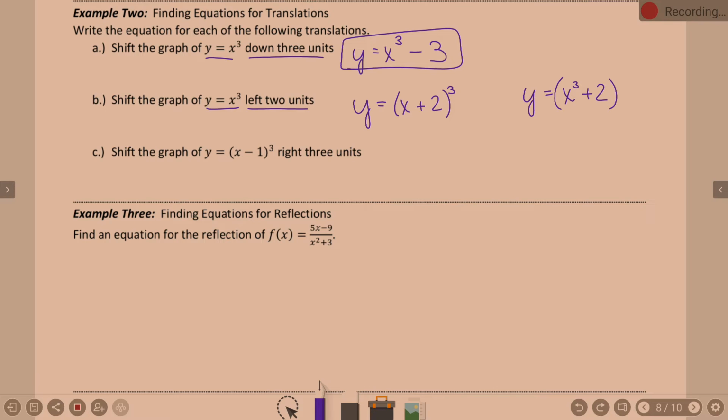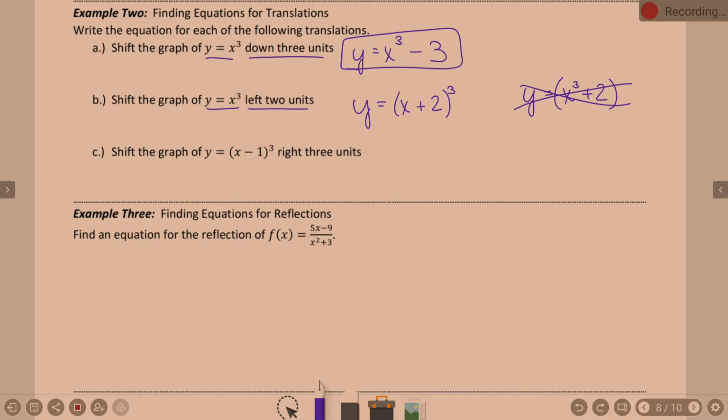Okay? This one, I can drop the parentheses, and it still says the same thing. It still says y equals x cubed plus 2, which means this is just an up 2. Okay? This one over here, if I drop the parentheses, well, I can't really drop the parentheses without having to do something about it.